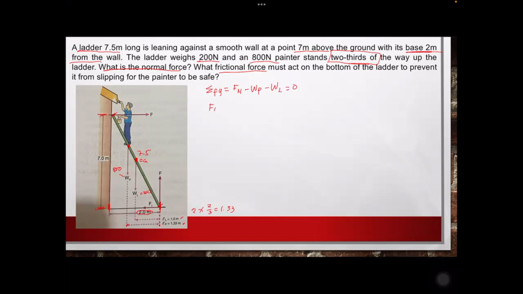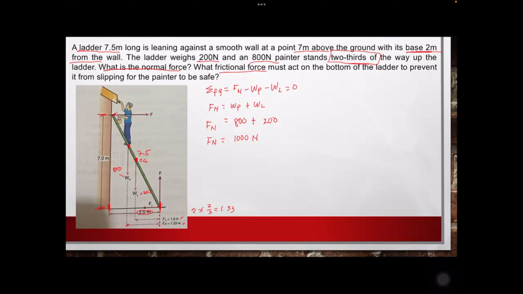So, Fn or normal force is equal to weight of the person plus weight of the ladder. Yung weight ng person natin ay 800 plus weight ng ladder ay 200. So therefore, ang normal force na meron tayo dito is 1,000 Newton.